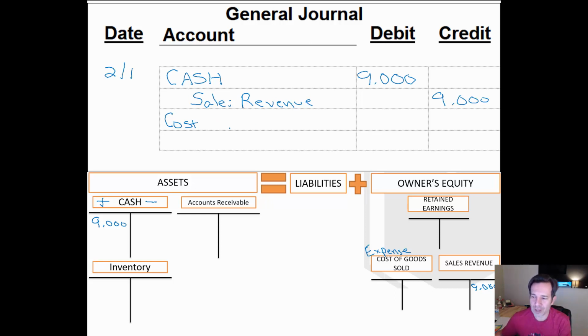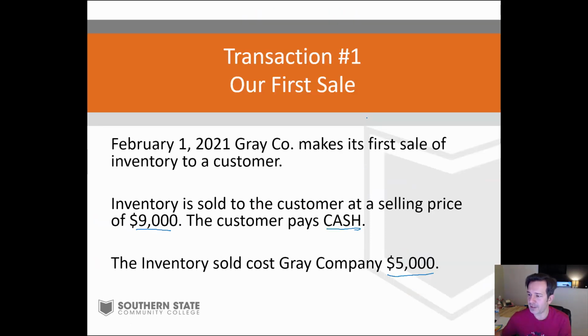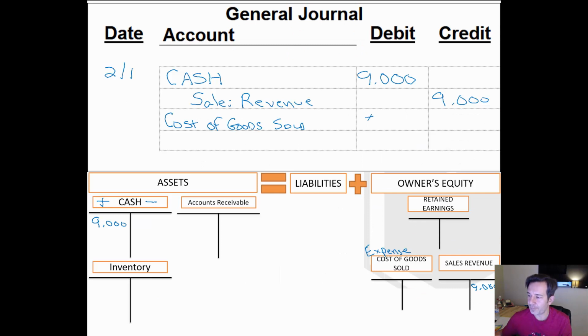Cost of goods sold is how much I paid for that inventory. It said we paid $5,000 for the inventory. So cost of goods sold, what I paid for that inventory, $5,000.